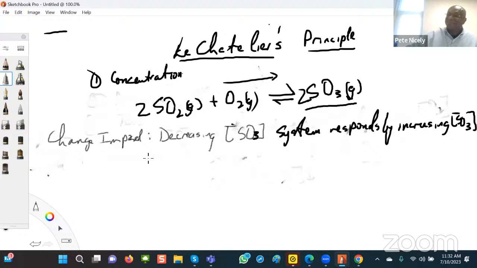Which direction shift will favor the formation of SO3? Would it be to the right or to the left?